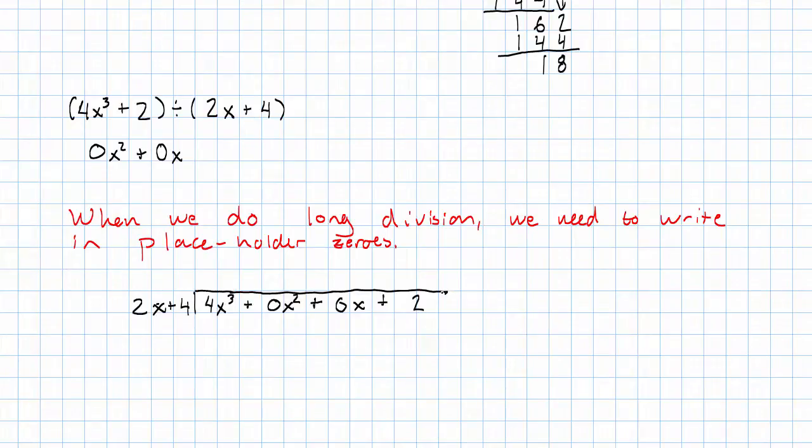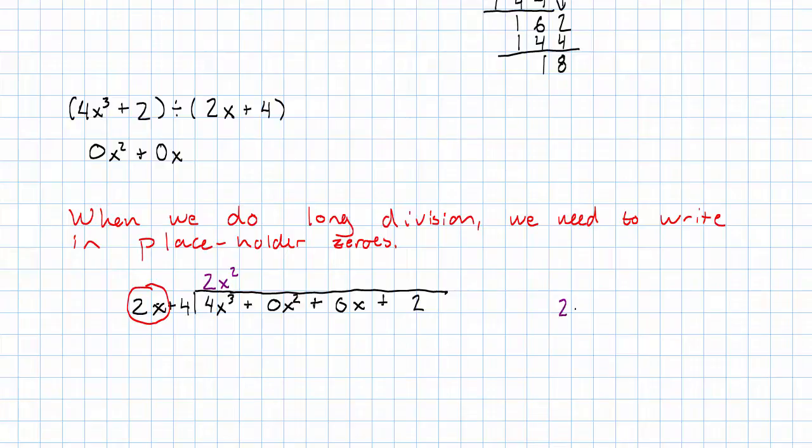This way, when we do our division, again looking only at the first term, 2x goes into 4x to the third. Well, 4 divided by 2 is 2. X to the third divided by x is x squared.